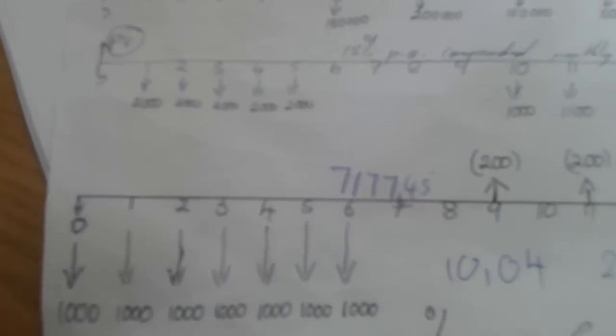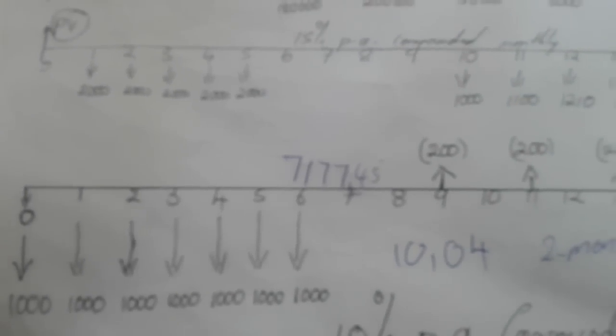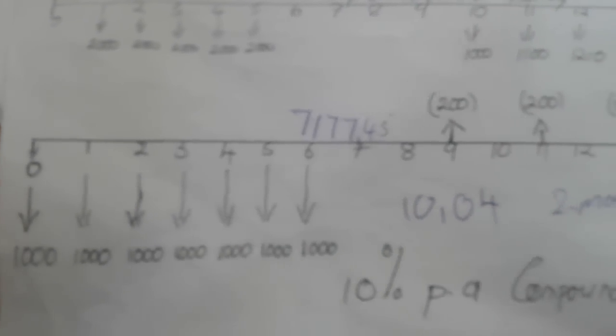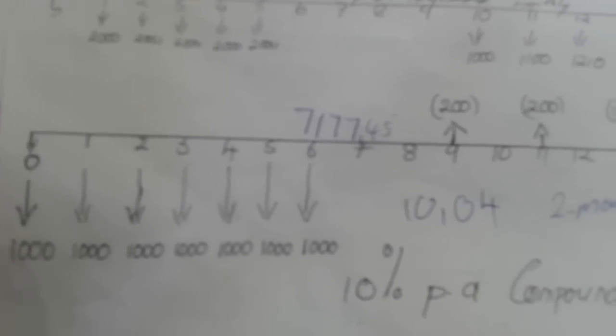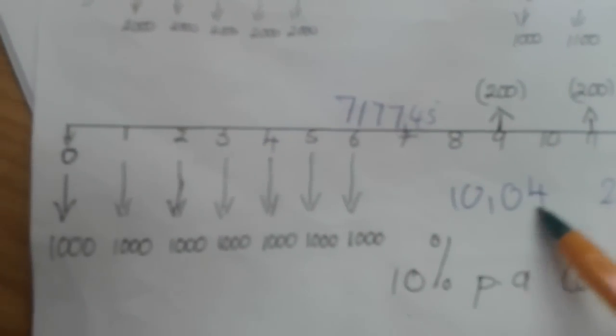There's a question that I used before. Let me see if I can get that. There it is. So you see we've got our timeline. For now I want you to ignore these figures that you see over there. Let's look at the timeline.